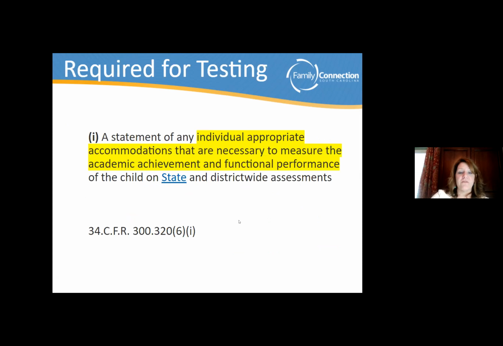We also have a reference to including in the IEP a statement of any individual appropriate accommodations necessary to measure academic achievement and functional performance of the child on state and district-wide assessments. So this really refers to that testing portion of the IEP and any necessary accommodations or modifications. We'll talk about modifications a little bit later.